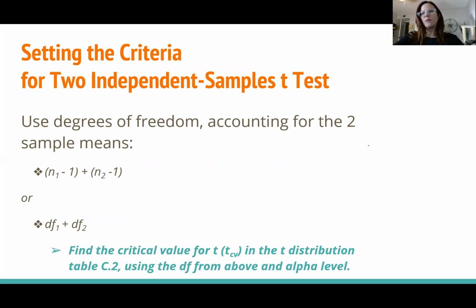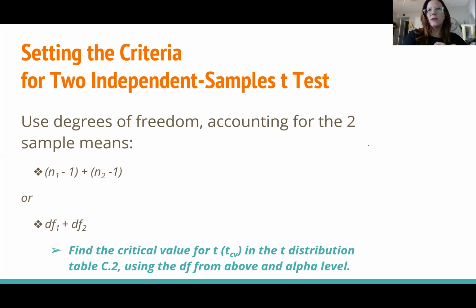Some new things with the independent samples t-test, first and foremost, is how we set our criteria. It's different than in the one sample t-test because now we have two samples, so two sample means. We have to account for the degrees of freedom for both samples.